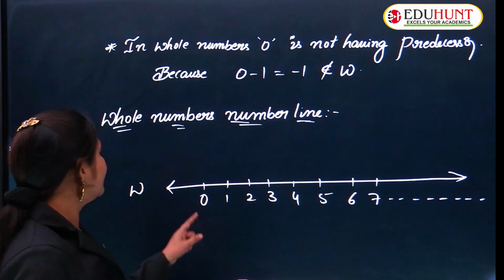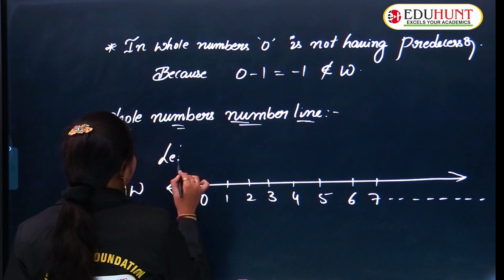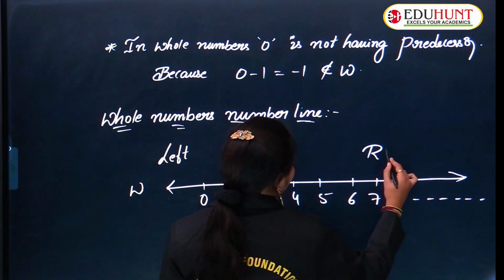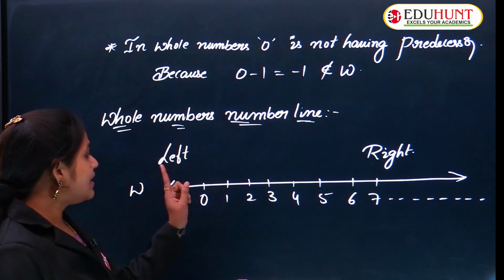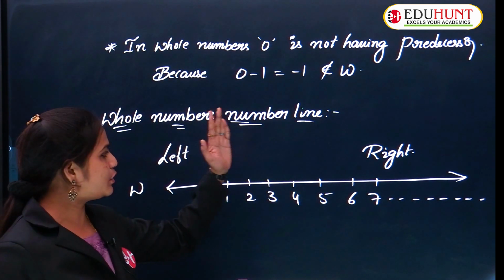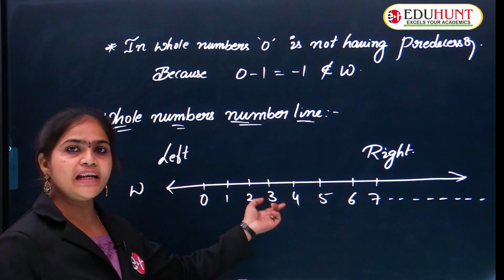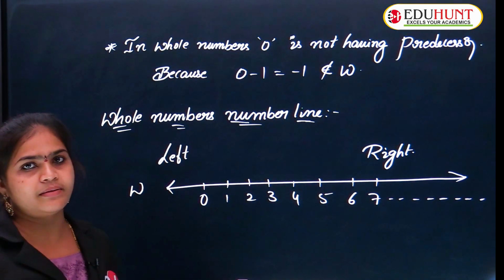Now this is the left side of the number line and this is the right side. Just observe that when the numbers move from left side to right side, the number value is in increasing order. Yes or no?